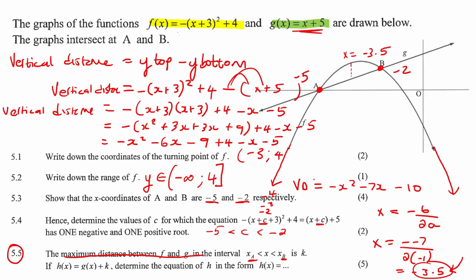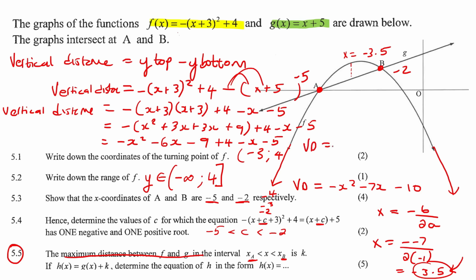Now, to go find the vertical distance, you would go plug it into this equation, because this equation is the vertical distance. Some learners are like, yeah, but sir, can't I just plug it into this equation and then work out the y values and then minus them? Absolutely. But that is sort of what we did over here, and that is how we got this equation. But you can do it like that. It doesn't matter.